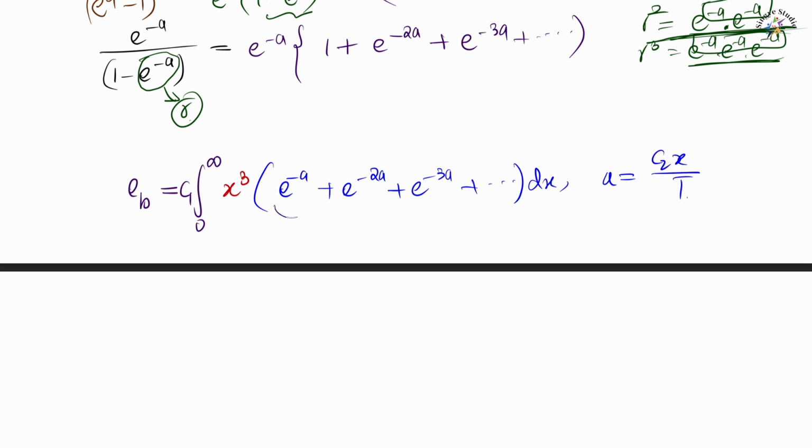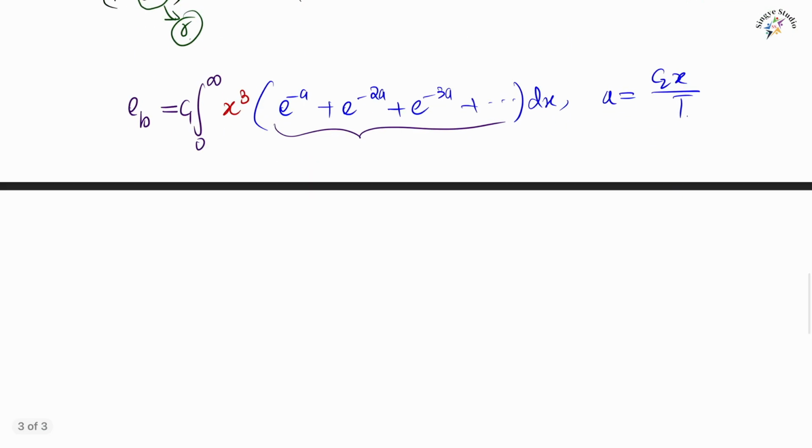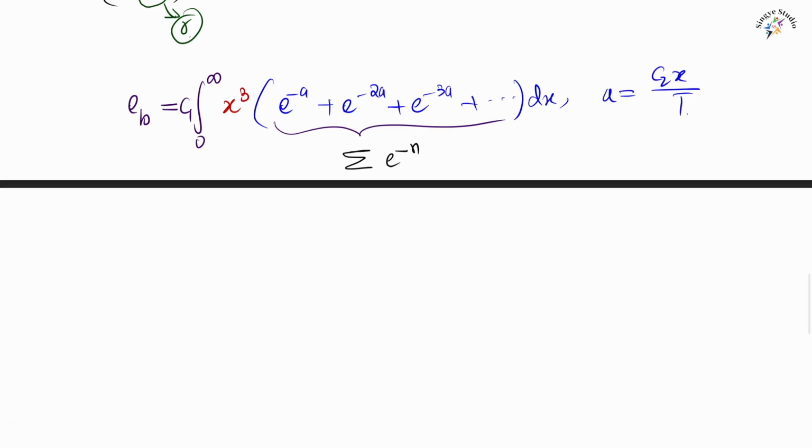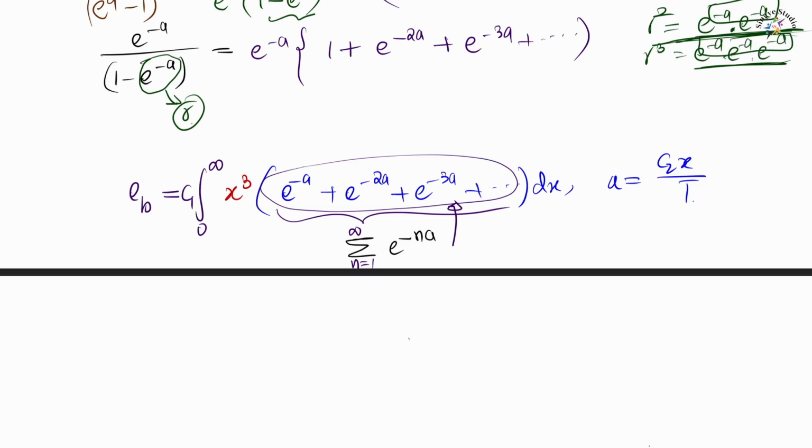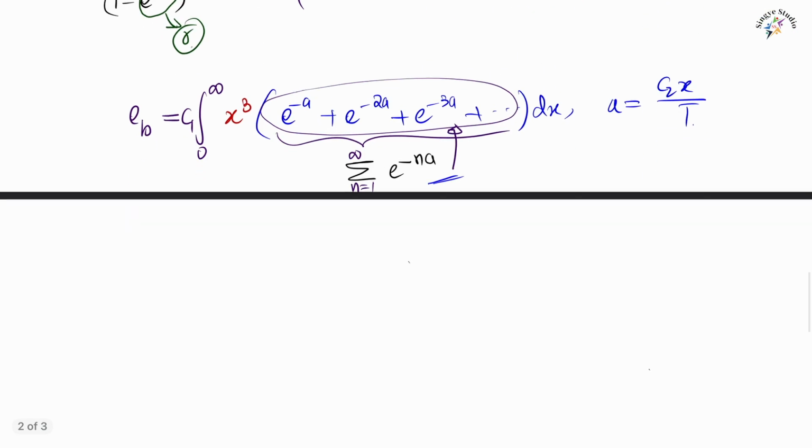If you look carefully, we can write this in summation form: e^(-na), with n starting from 1 and ending at infinity. Using this result, we can write it as the integral from 0 to infinity of c1 x cubed times the summation of n equals 1 to infinity of e^(-na) dx.